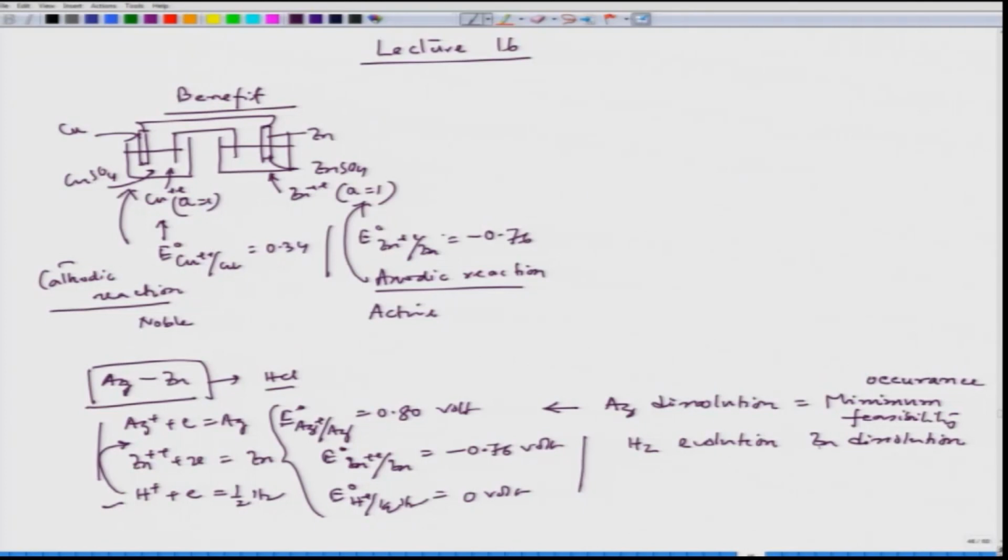Once we see the zinc dissolution taking place, that is what gives rise to nanoporous silver.